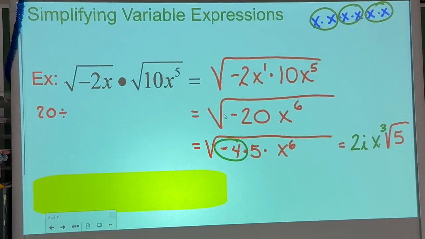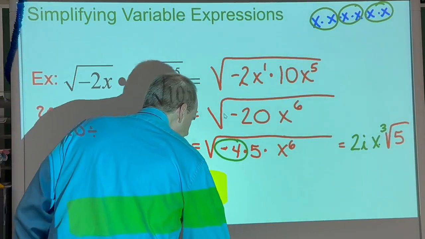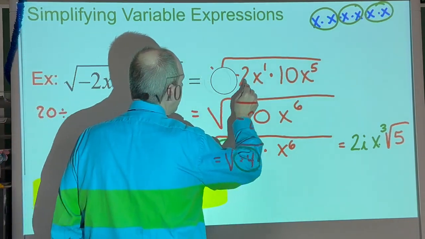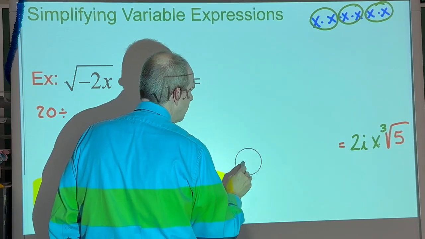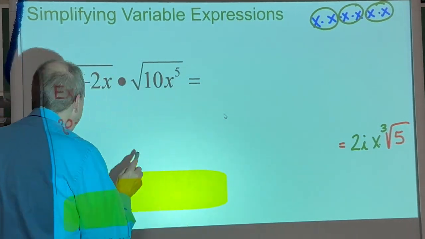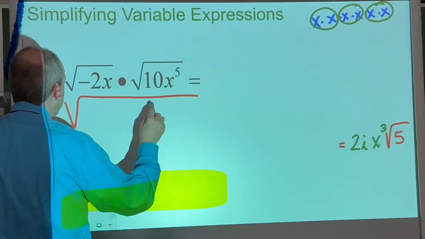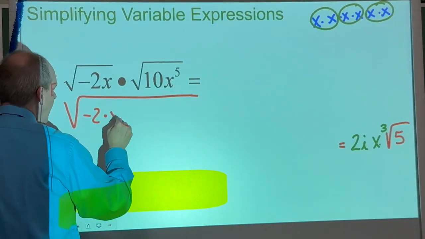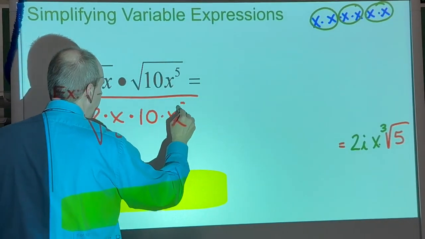If you think back to a couple days ago, here's another way that we can do this. We could try to put things together and break them down. Negative 2 times x times 10 times x to the 5th.